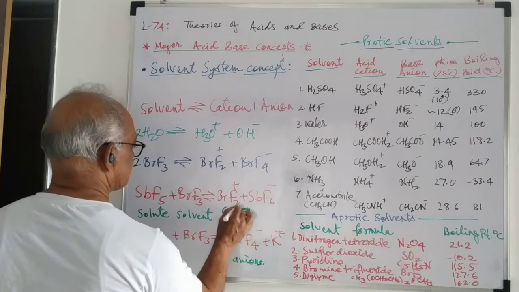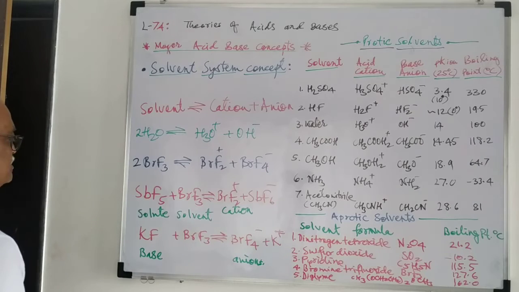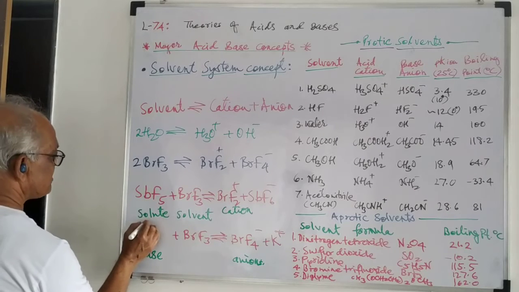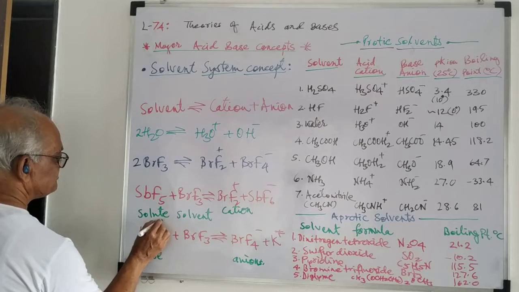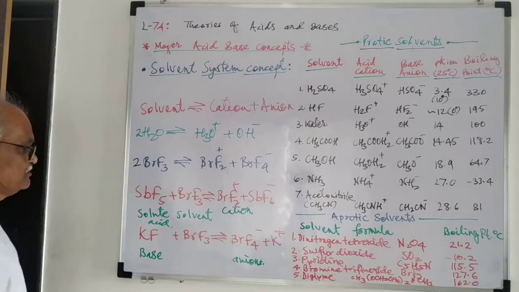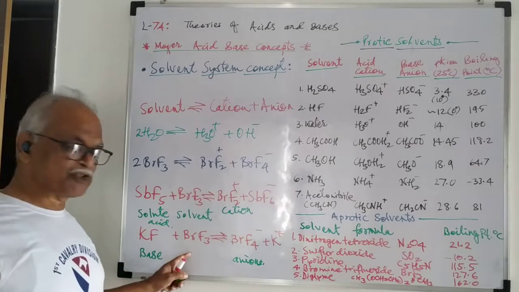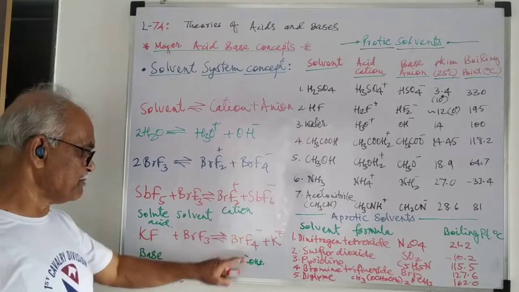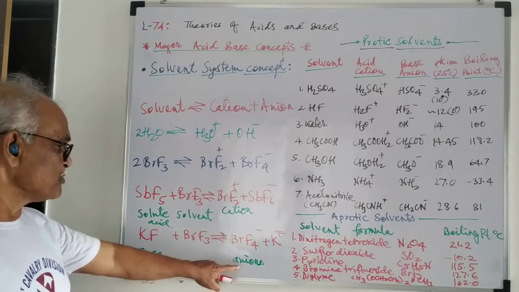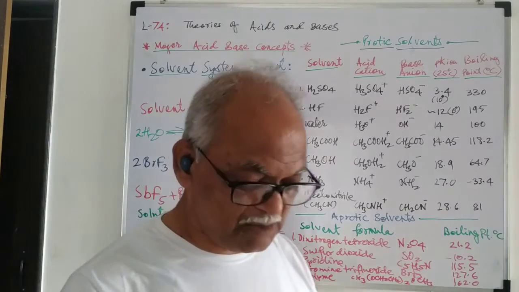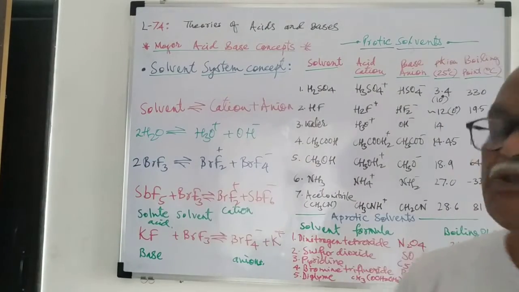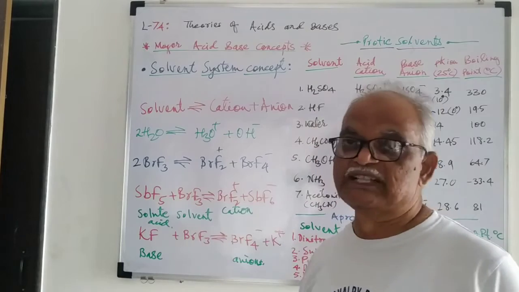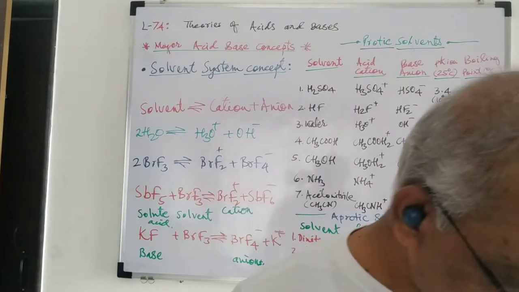Therefore, SbF5 is an acid and KF is a base. After dissolving it into BrF3, it produces BrF4 minus and K plus. So the anions are in larger number, and as a result we have to consider this KF as a base.